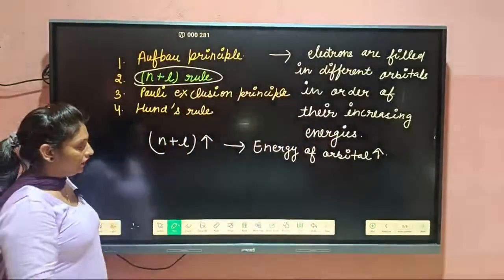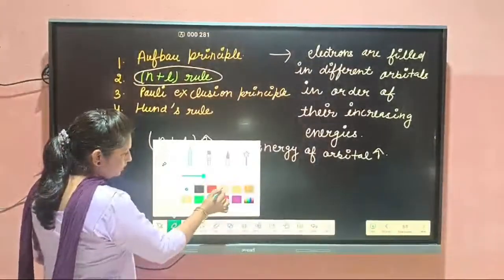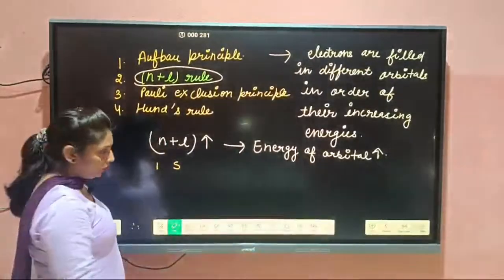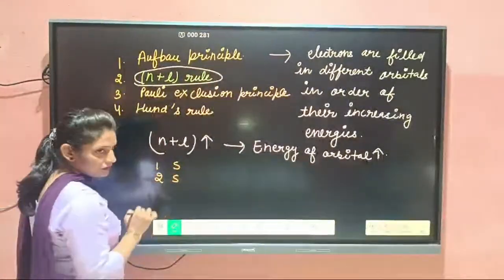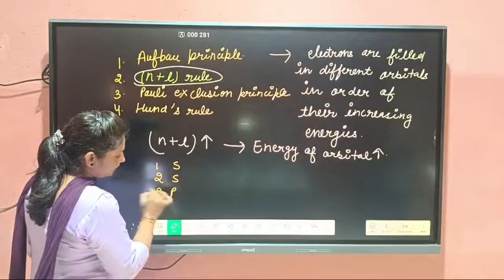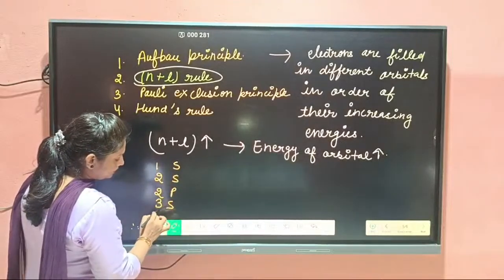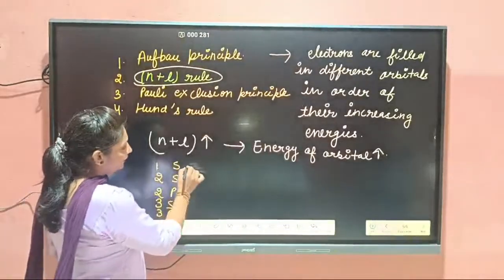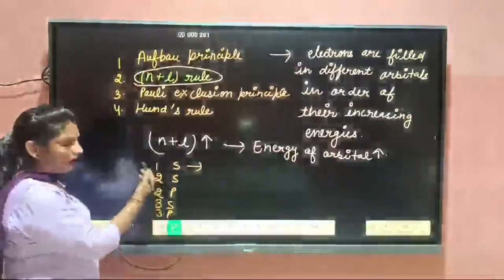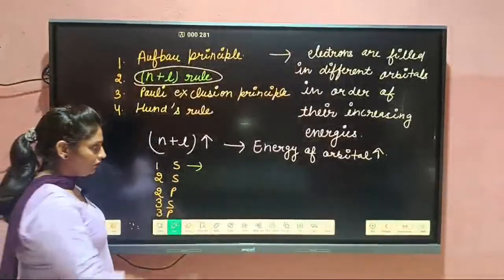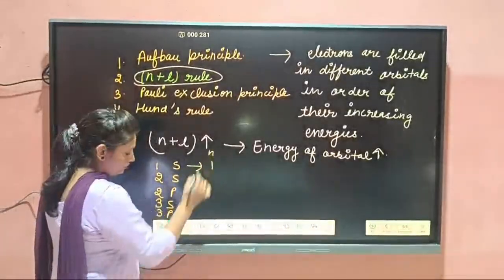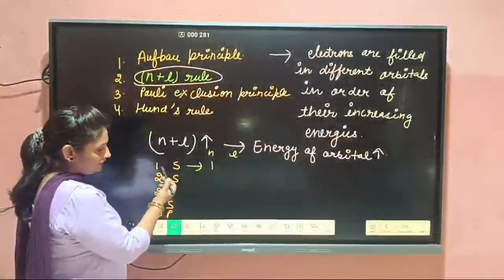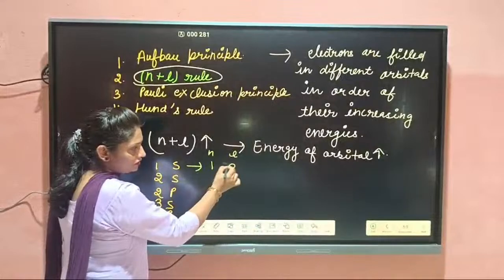For example, if I have 1s, 2s, 2p, 3s, 3p. Here, what is the value of n? For 1s, n is 1 and l is 0. For s it is 0.